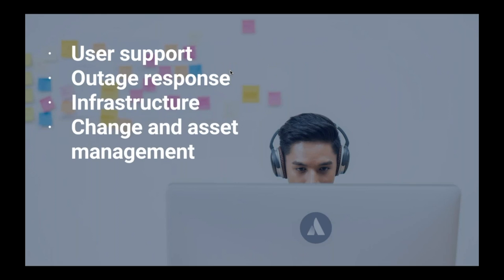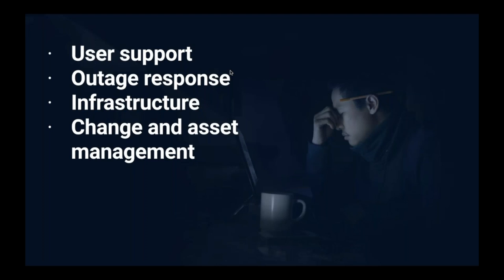So it's very important to see the user support, outage response, infrastructure, change, and asset management. It's really important to see how we are working right now, how we are doing our job. Are we doing okay? If you are doing okay, what do you need to improve? And sometimes if you are working with this approach, with the user support, infrastructure, change and asset management, it can be a nightmare, right?